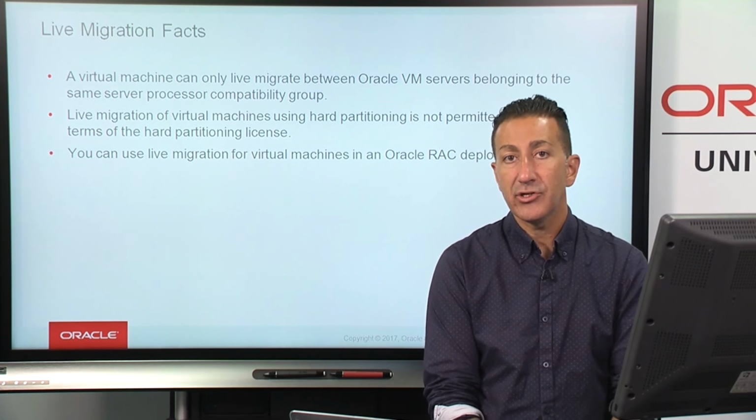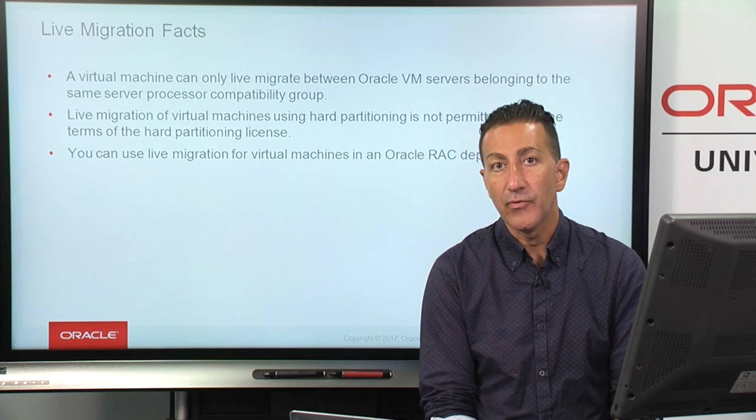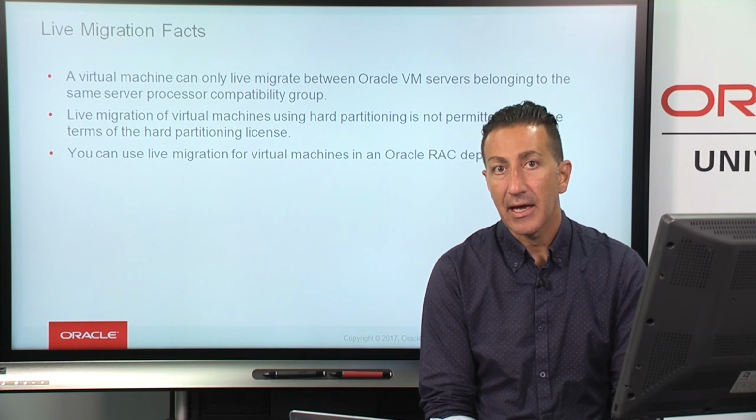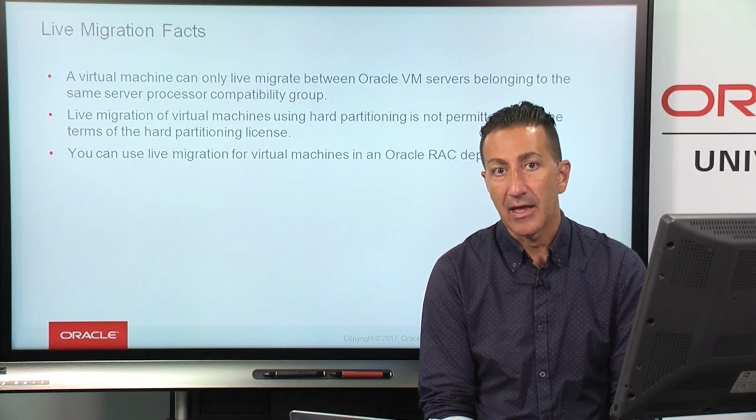What about live migration? You need to take into account that virtual machines can only be moved from one server to another that belong to the same server processor compatibility group. Remember, this is created automatically by the Oracle VM server infrastructure when you discover the servers with Oracle VM Manager.